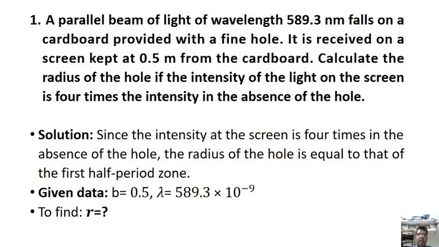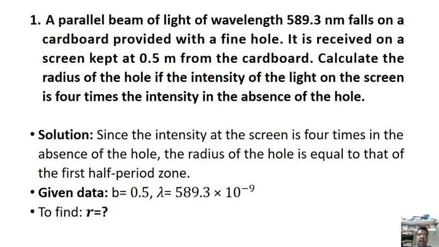A parallel beam of light of wavelength 589.3 nanometer. Nanometer means 10 to the power of minus 9 meter. So the parallel beam of light has a wavelength of 589.3 nanometer.